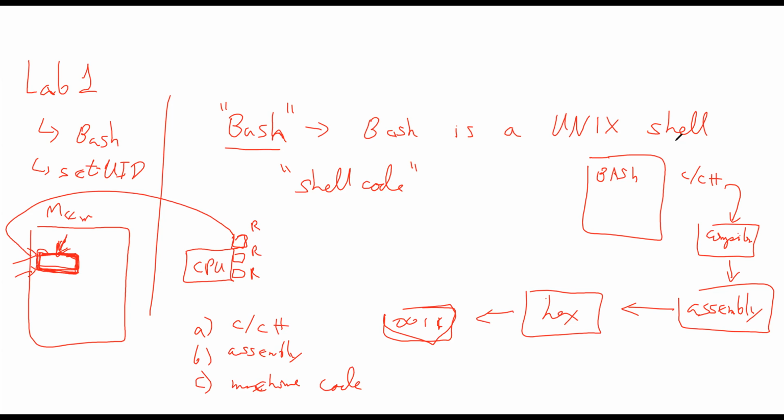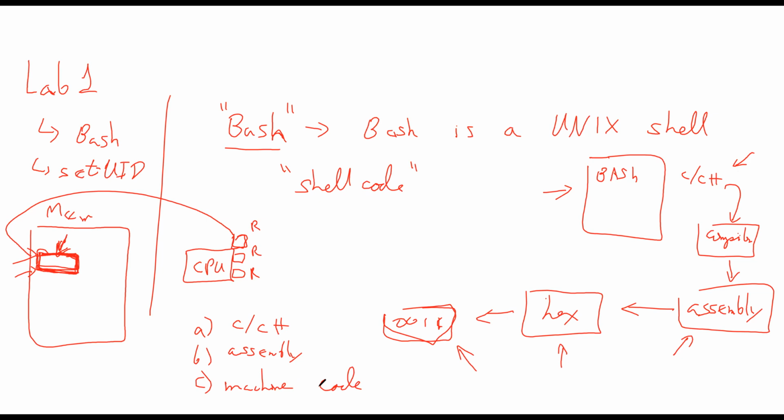This being bash, the application at the very top, does it look like C++, assembly, hex, binary, what? Of these A, B, or C, which one do you think? Maybe more binary? Yeah, more binary, right? Somebody said D, there's no D. So machine code, let's say, right?